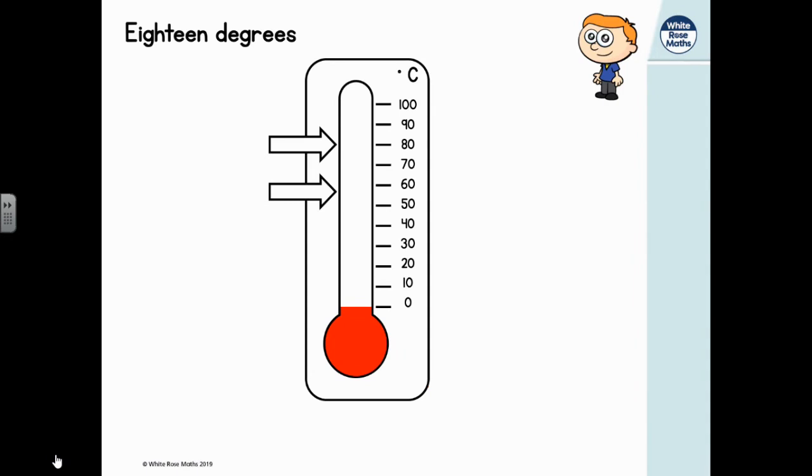And then one more, just to be sure. Which of these 3 arrows is pointing to 18 degrees? Let's see, as the red line rises. Is that the one that you thought? That's right, just under 20 degrees. That's where 18 degrees would be.